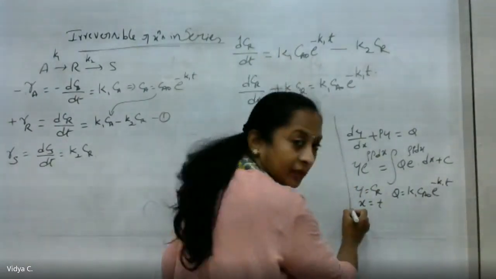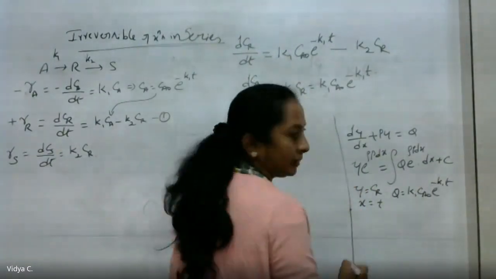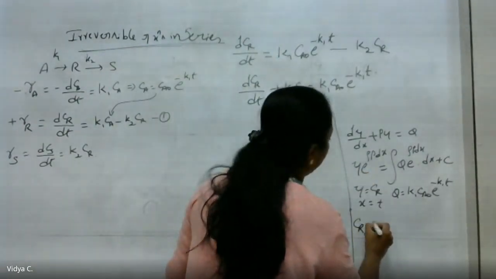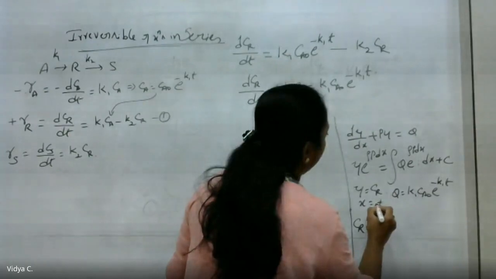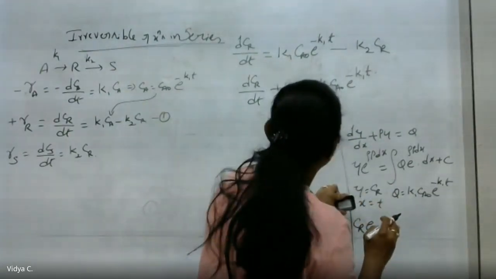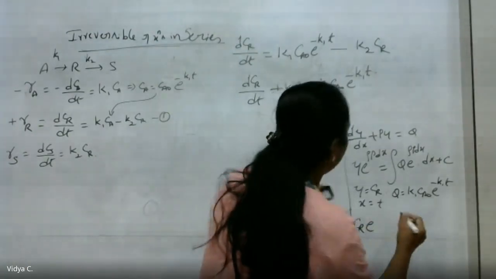Now the solution will be, you able to see, CR e to the power of integral P dt. One second, P is equal to K2, I didn't list that.